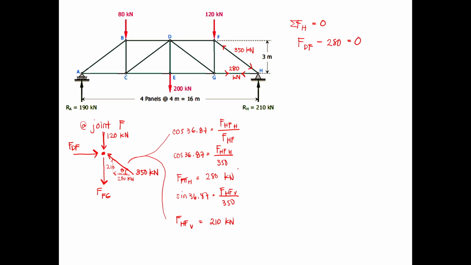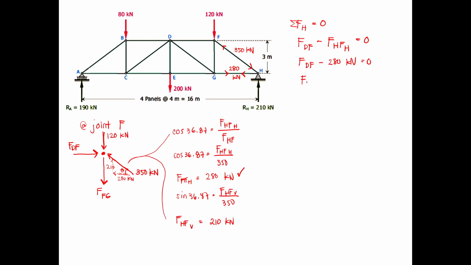We'll write it down so you can review it. So FDF minus 280 kilonewtons is equal to 0.